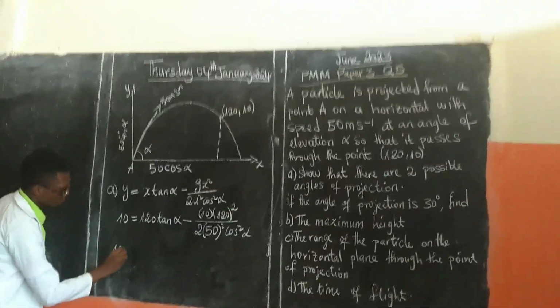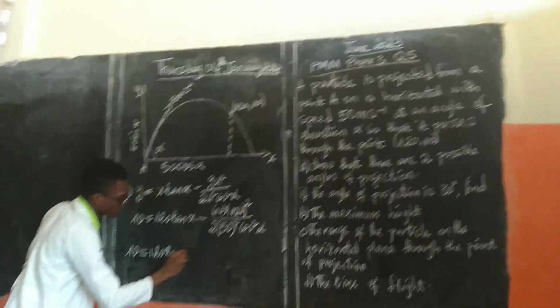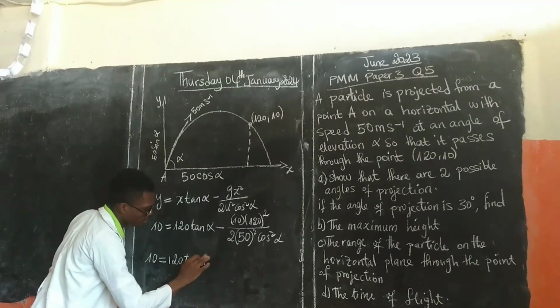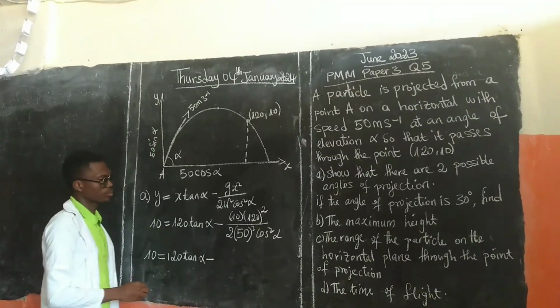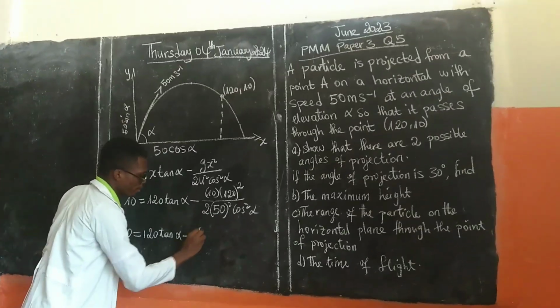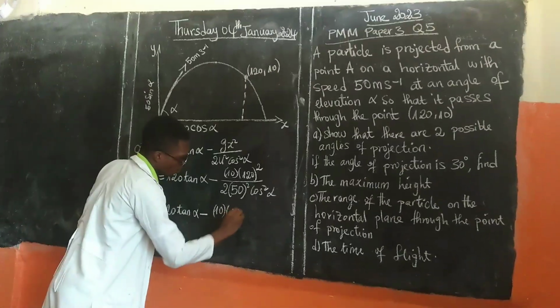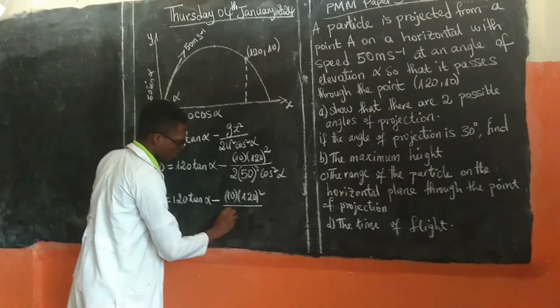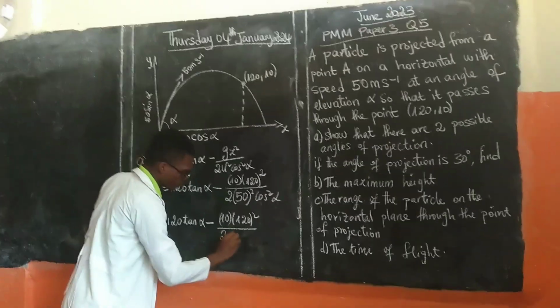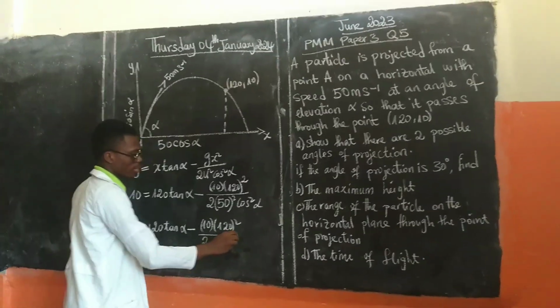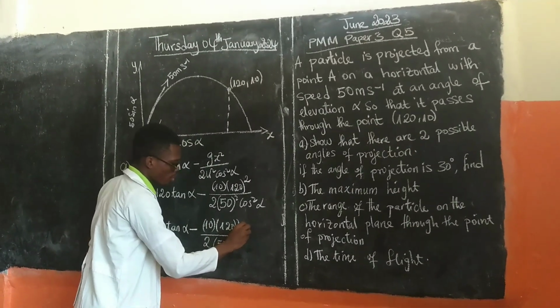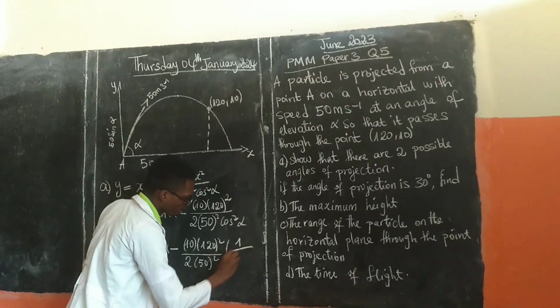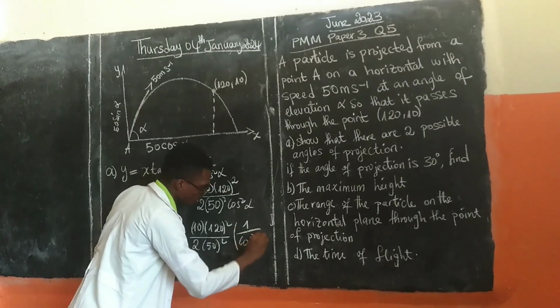Now we have that 10 is equal to 120 tan alpha minus 10 times 120 squared, divided by 2 times 50 squared, then all this times 1 over cos squared alpha.